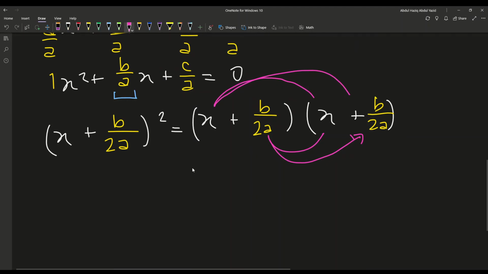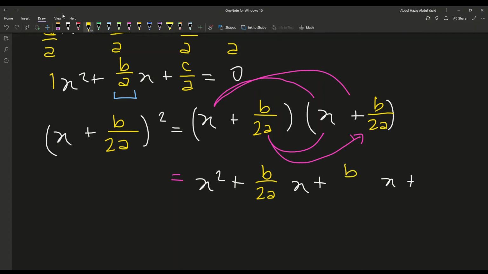So when we actually break this apart, we find that we get, oh, it's still pink. Well, since I can't seem to change color at the moment, or can I? Okay, I can. This will give us x squared plus b over 2a x, another b over 2a x, and finally b over 2a all squared.